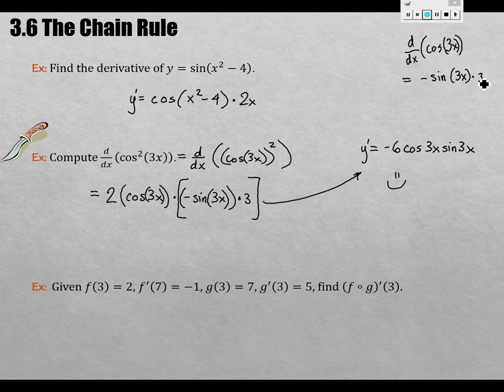Oh, did you say just find the derivative of cosine squared x first, and then plug in 3x and multiply that by the derivative? Absolutely, perfect. Yes, you can do that. That is in fact what we did too. Yep, you can do that.